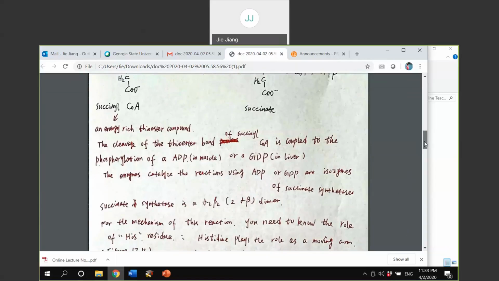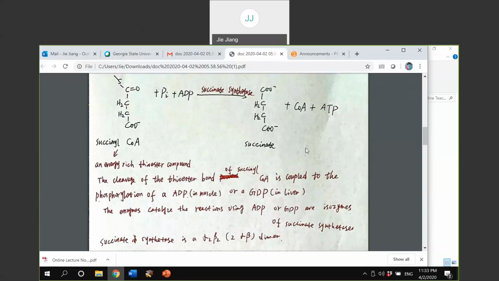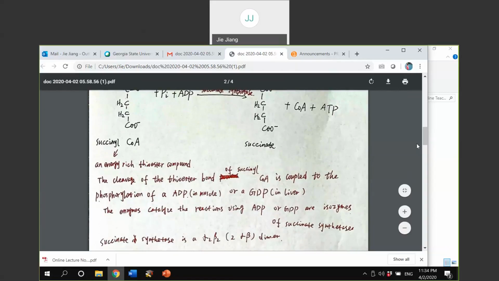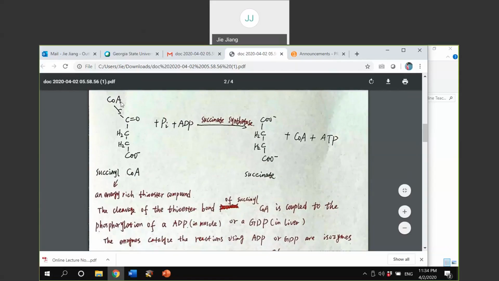The general structure, you don't need to know exactly the details. Okay. And succinyl-CoA is an energy-rich thioester compound with CoA. The cleavage of this thioester bond of succinyl-CoA is coupled to the phosphorylation of ADP or GDP.